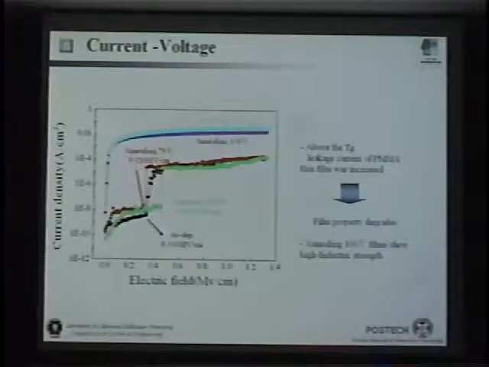This one is for the PMMA film, but you can see that the film annealed at higher temperature gives worse leakage behavior. The films annealed around 70 or as-deposited film show higher breakdown field strength.